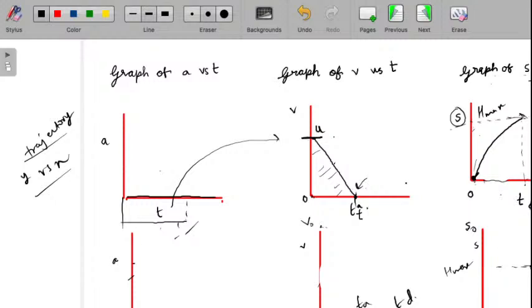It's altogether a negative value from the beginning, and you can see that because the acceleration is also negative and the velocity is also negative, the displacement is in the negative direction. Because both are negative, you would find that the magnitude of the velocity is increasing.